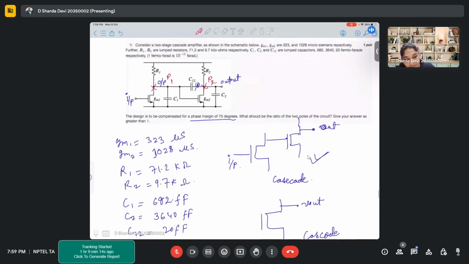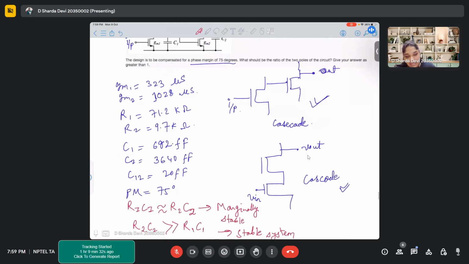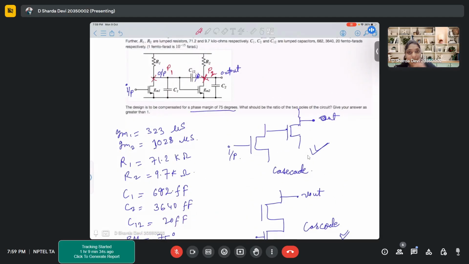Majority of the times what we want is that this pole 2 should be a dominant pole. There is another reason also because of output impedance and those things. So pole 2 and pole 1, the ratio should be greater than 1. So they should be separated.